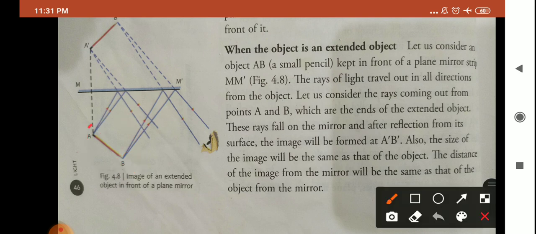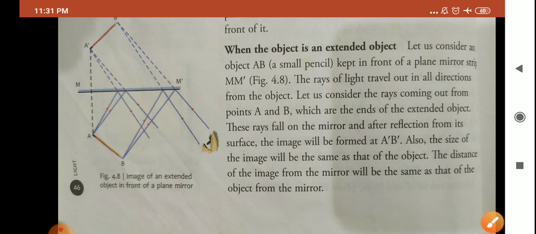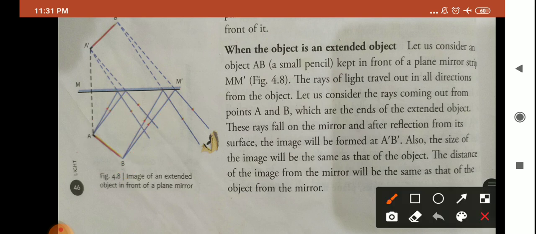Suppose from this end we are taking these two rays, and from this end also we are taking these two rays. As you know, they are going to follow which law? Laws of reflection. So if these rays are incident here, they will reflect like this. Same way, if these rays are incident like this, they are also going to reflect like this.